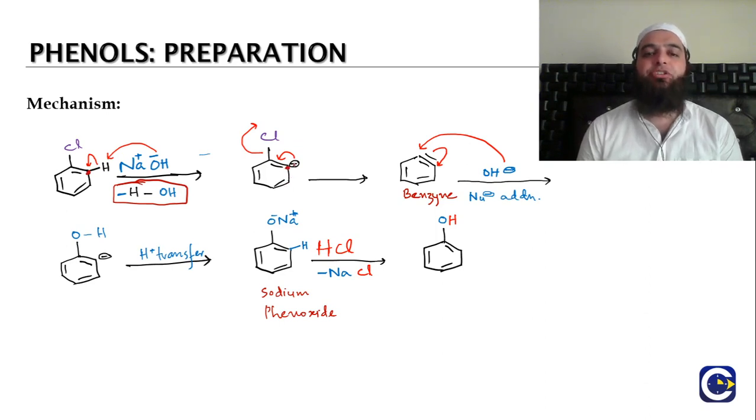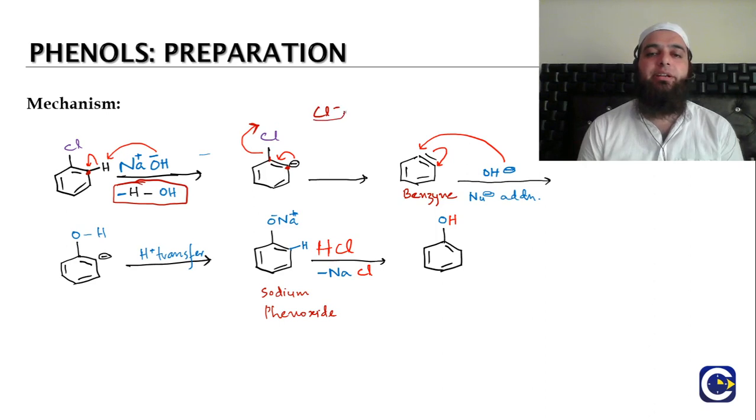What happens in the next step? Chlorine is a good leaving group. All halogens are good leaving groups, and chlorine is good among them. This electron pair moves to form a bond between these two carbons, and the chlorine leaves as Cl negative.